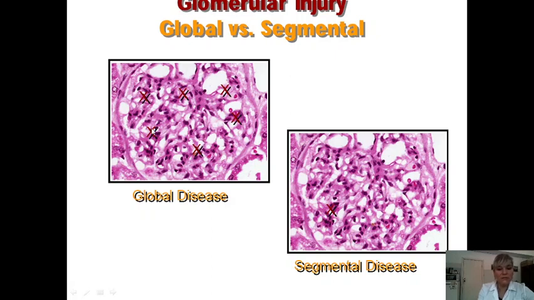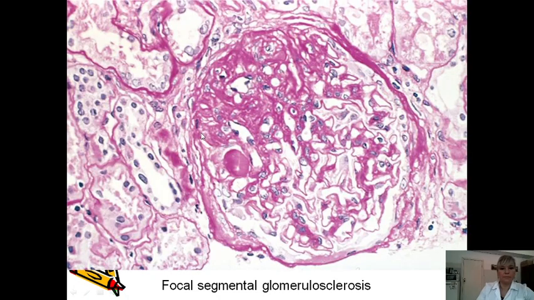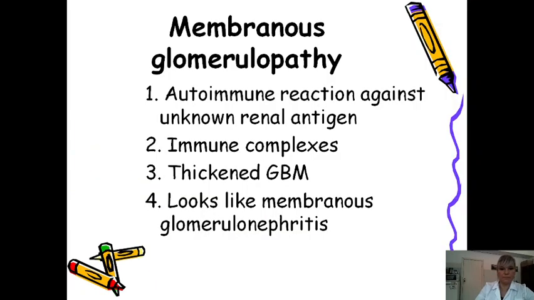In the global disease, we see effect to all glomerulus. And the last, focal segmental glomerular sclerosis, we see sclerosis and hyalinosis in the part of glomerulus.